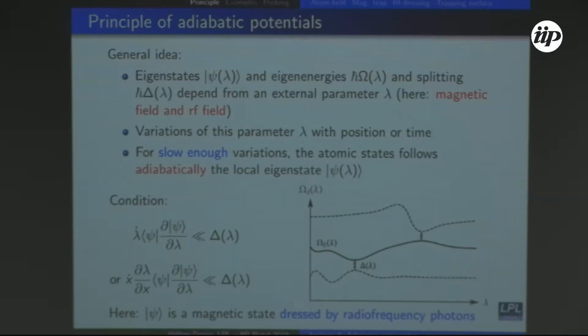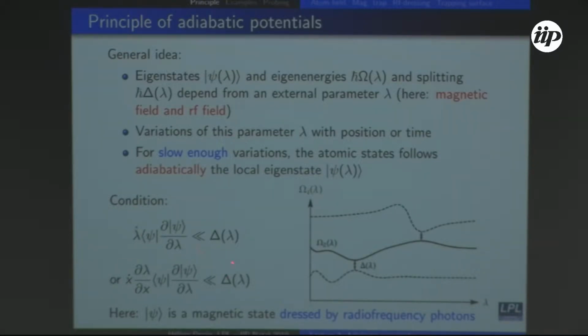If the parameter lambda varies slowly with time, such that its variation are small as compared to the splitting, the frequency splitting between states, so essentially this lambda dot should be smaller than the splitting, or in an equivalent way if its spatial variations are small enough, so spatial variation can be recast into time variation. If the atom moves with some velocity, so its velocity times the spatial variation is equivalent to a time variation of the parameter.